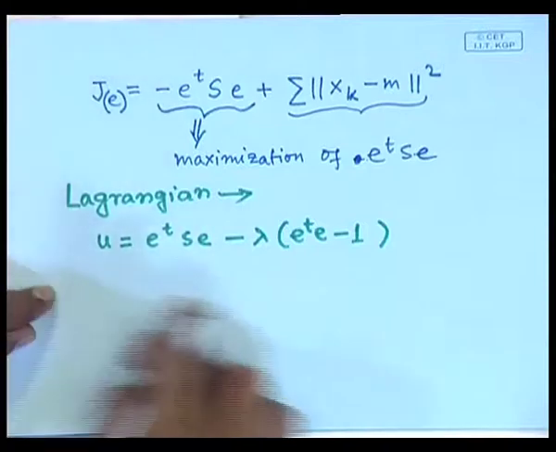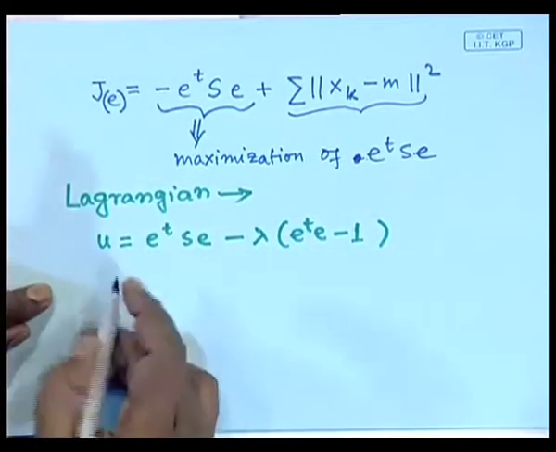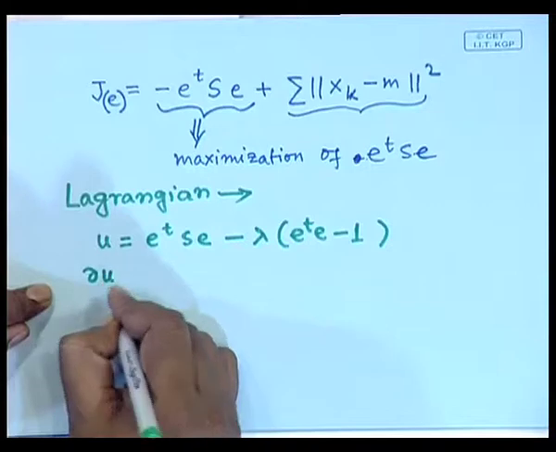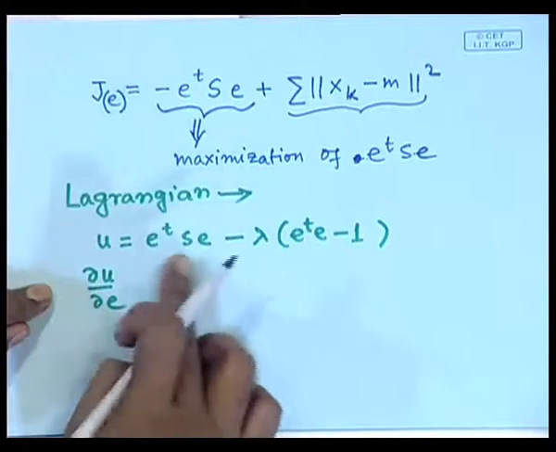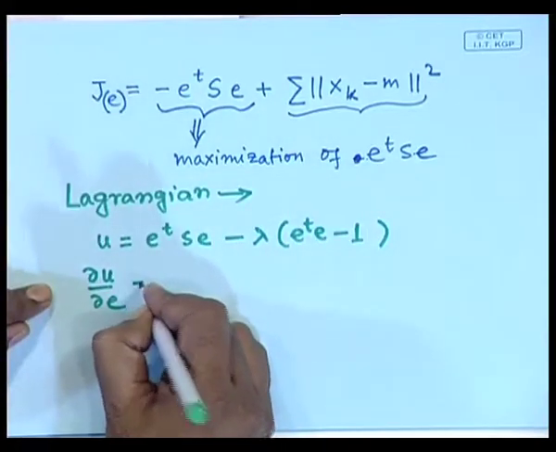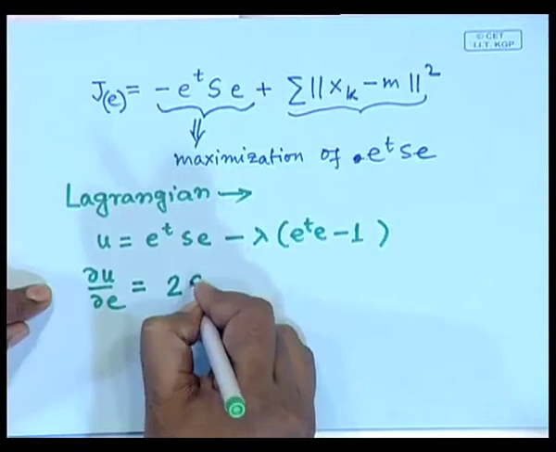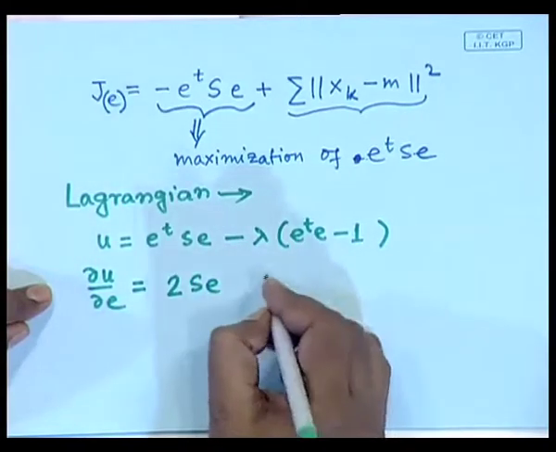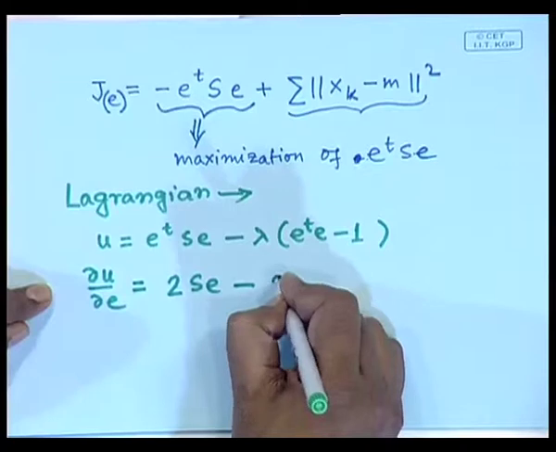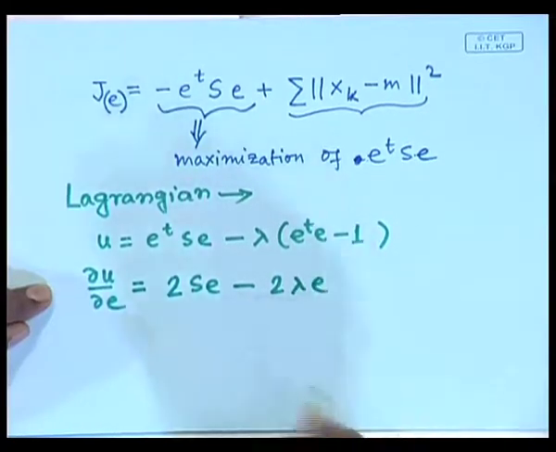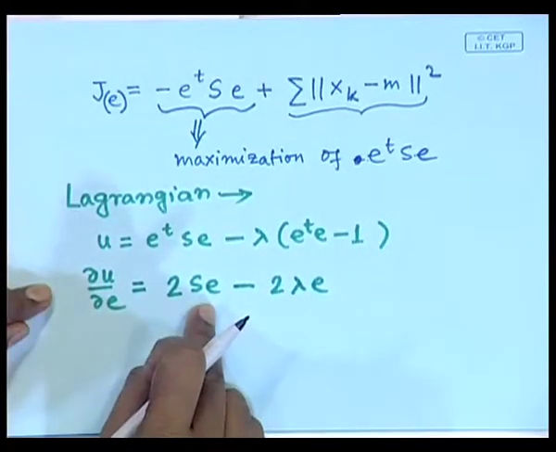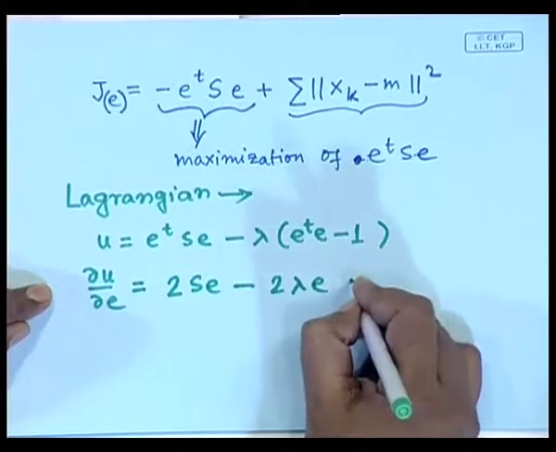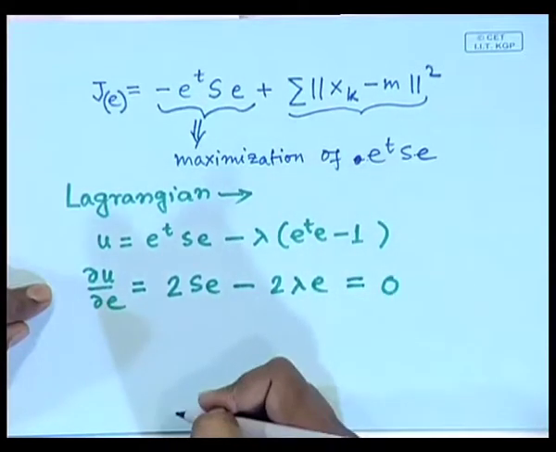Okay. So, to maximize this, I have to take the differentiation with respect to E. So, I have to compute del u del E, and over here I simply get the expression 2 S E minus 2 lambda E. Differentiate this with respect to E, I get 2 S E minus 2 lambda E. I have to equate this to 0, right.